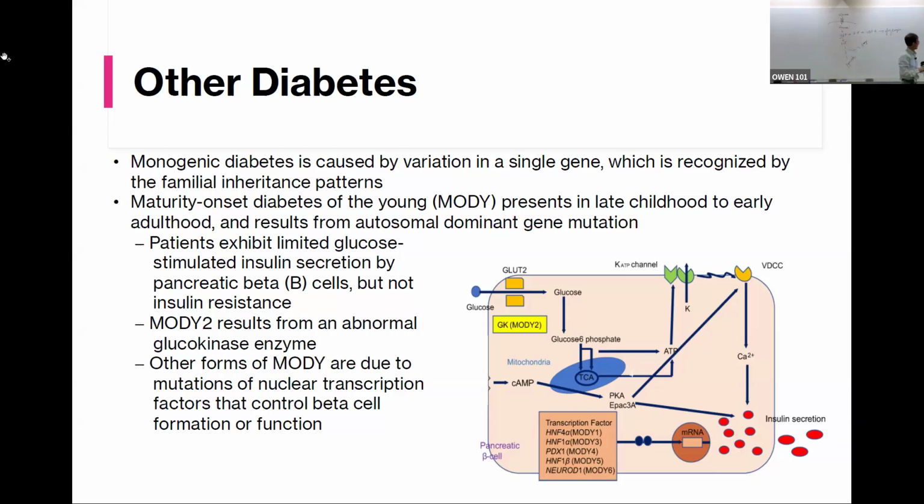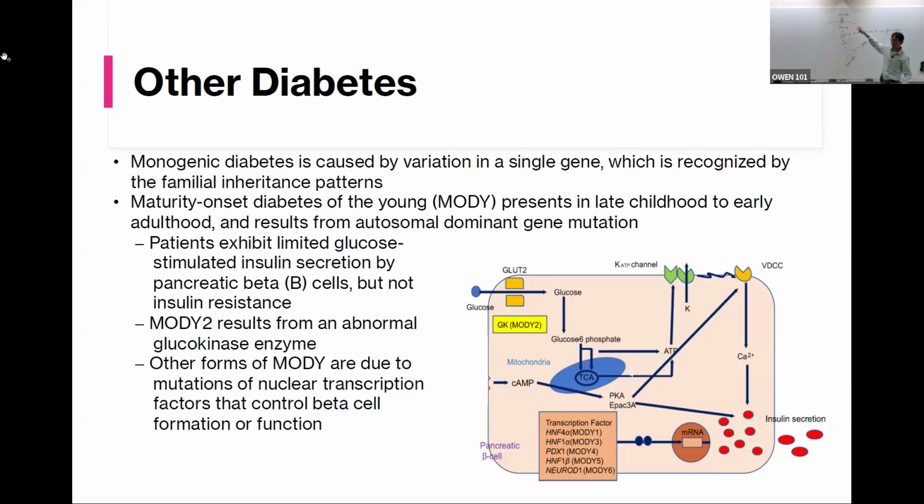So in the example just now, the glucokinase enzyme gets mutated. That means the enzyme cannot phosphorylate this anymore, all right? Then, of course, it stops there.